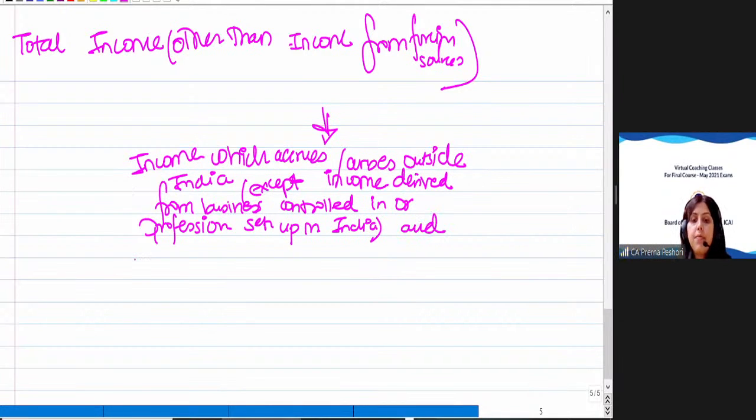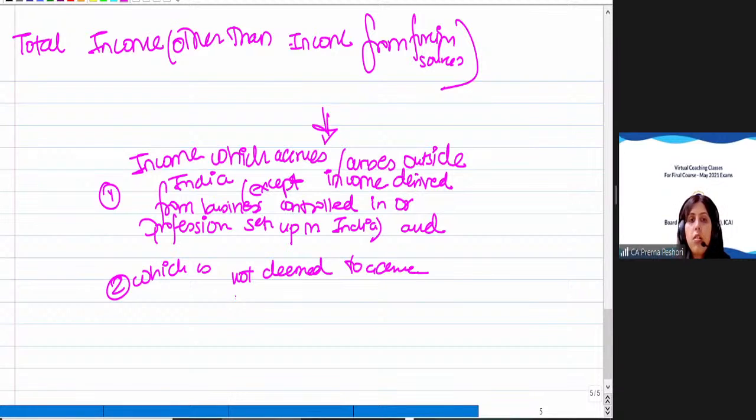And second, which is not deemed to accrue or arise in India.